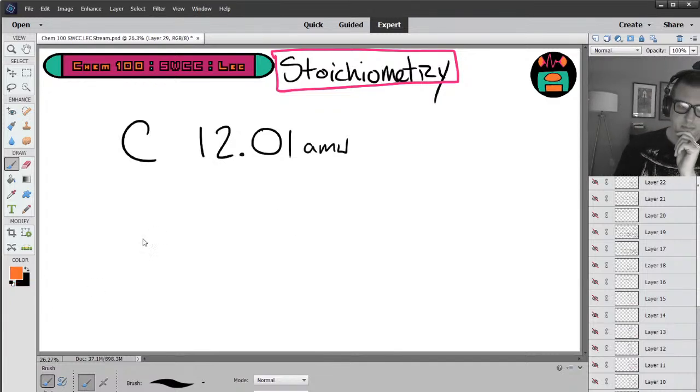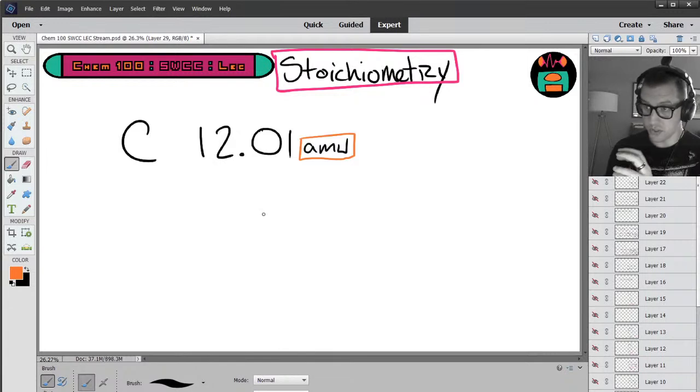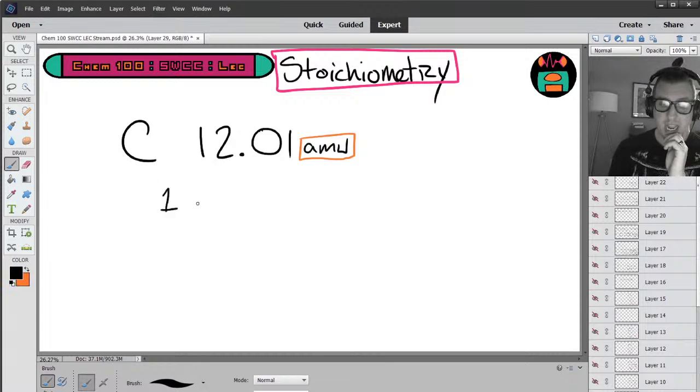Turns out that AMU, atomic mass units, have an alternate formulation. 1 AMU is equal to 1 gram per mole.